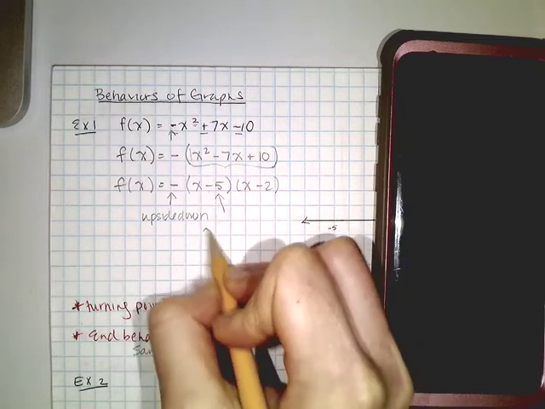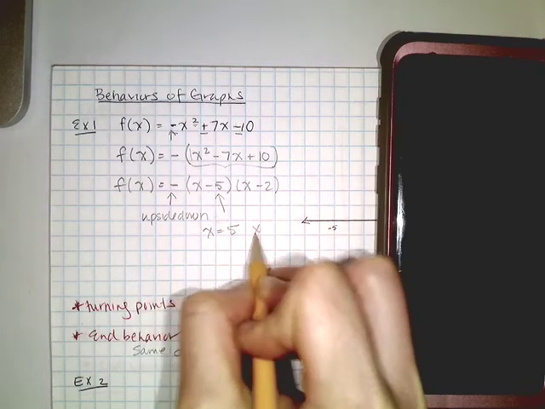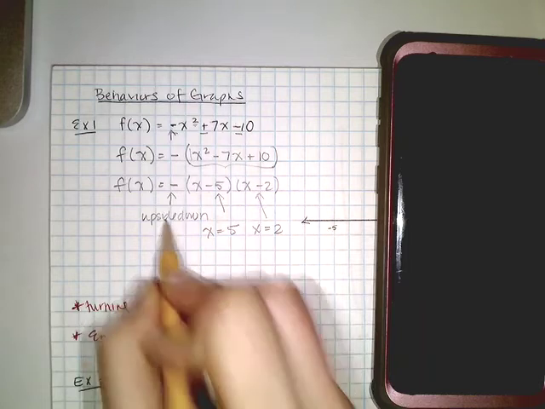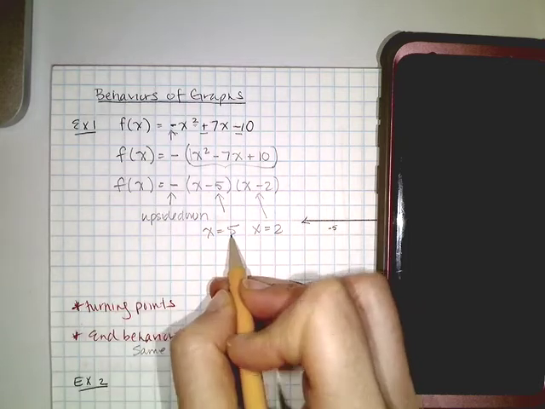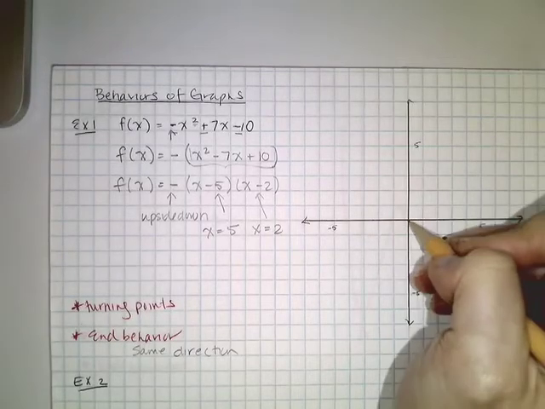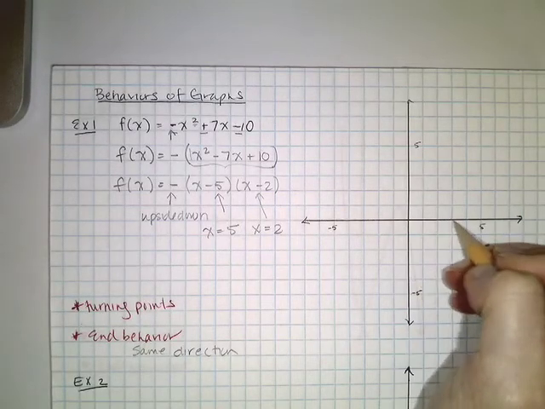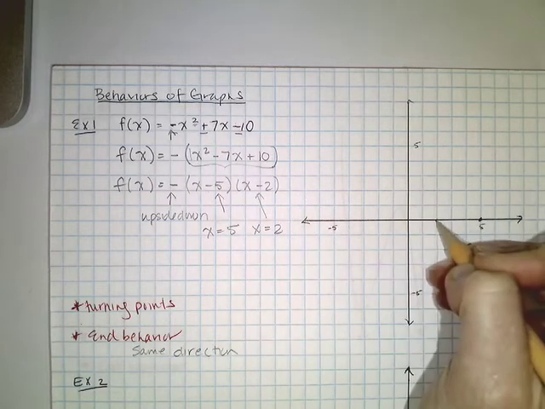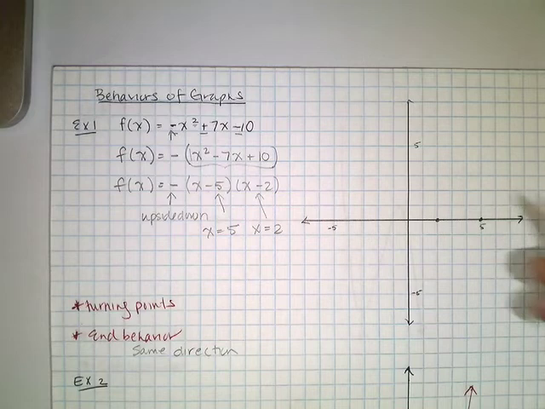So that means that x equals 5 and x equals 2. So it's an upside down parabola that has 2 roots at 5 and 2. So I can go straight over here to my graph at 5, 1, 2, 3, 4, 5, and 2, 1, 2.